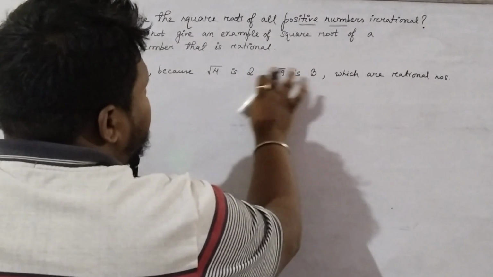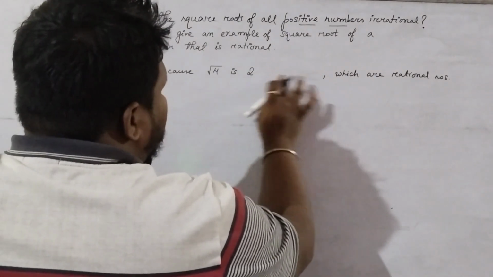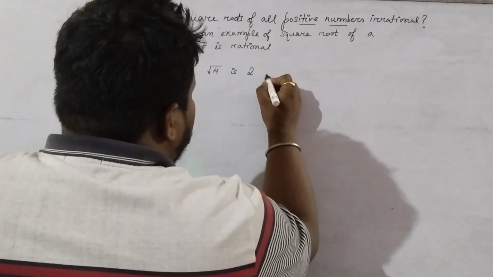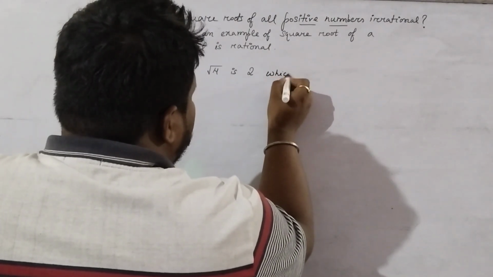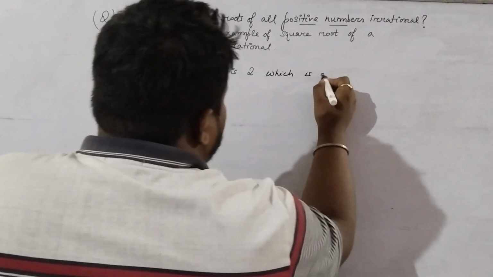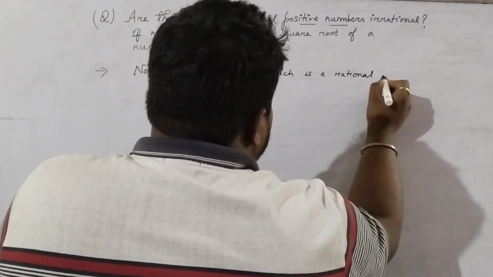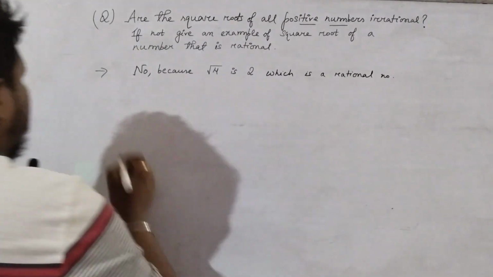Okay, or you can just give one example, because root over 4 is 2, which is a rational number. I hope it is clear.